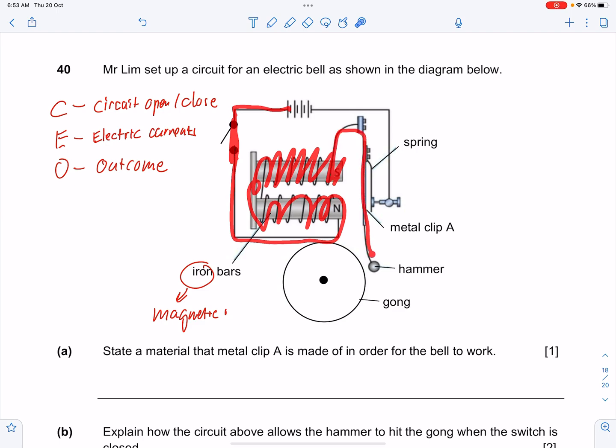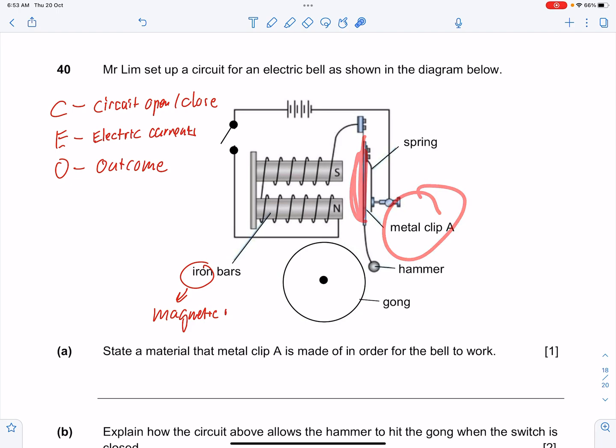So when that happens, okay, it needs to attract a certain clip or something. So because this is a metal, okay, and these are magnets, so what will probably happen is that this over here would then go towards this electromagnet, and this hammer here will then end up hitting the gong.